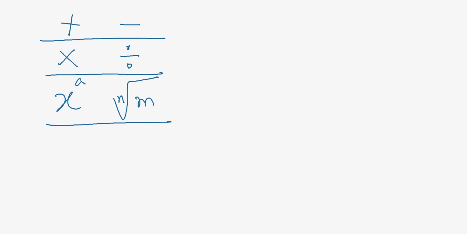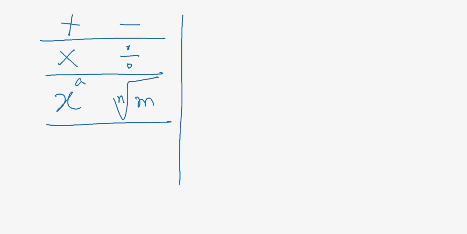Okay, so now we went from addition, subtraction, multiplication, division, then x raised to the power of a, then the nth root of m, something like that. These are all different hierarchy levels. In this whole set, something was missing.